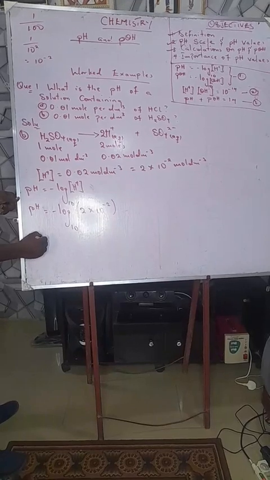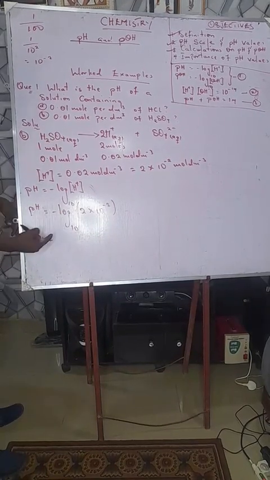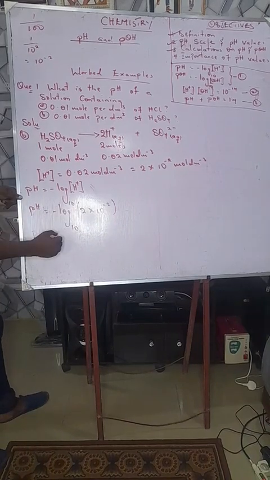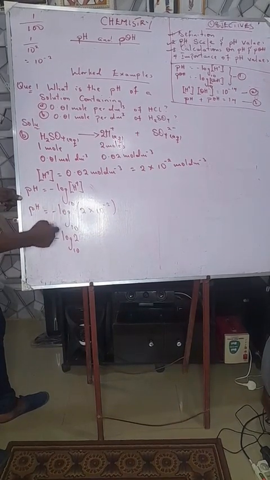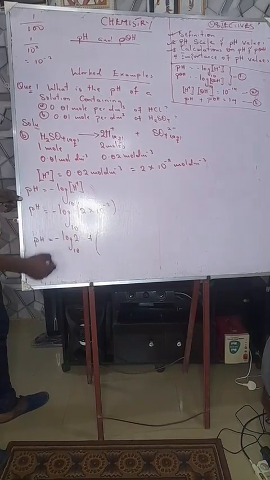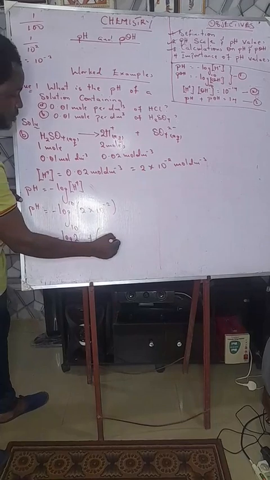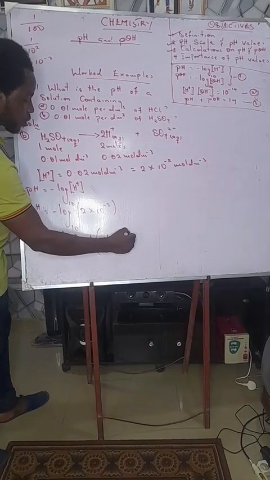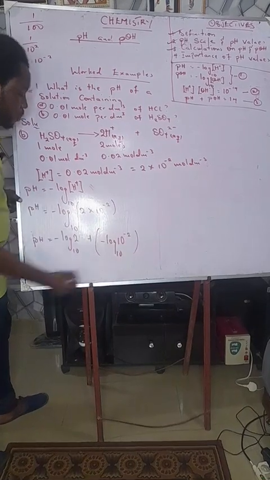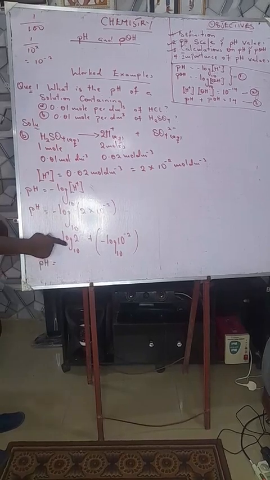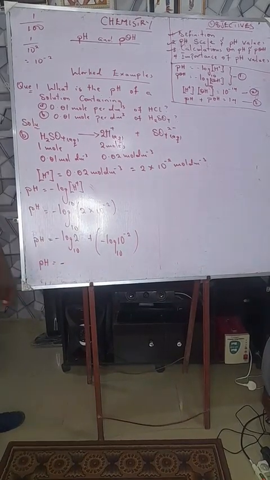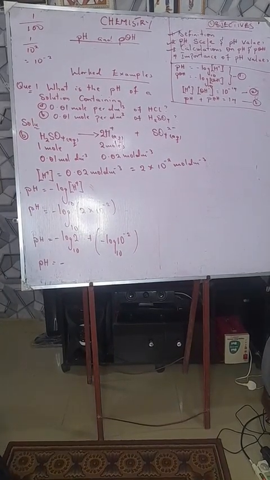Open the bracket just the way we solved the other one: minus logarithm of 2 plus 10. Then the minus changes to plus: minus logarithm of 10 raised to the power of minus 2. Did you see that? Then your pH now will be equal to, this is negative. Now press log 2. Do we have a calculator with us there? Please, I want us to press log 2.